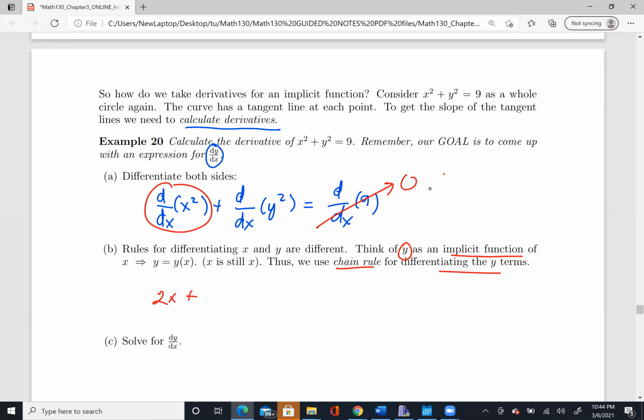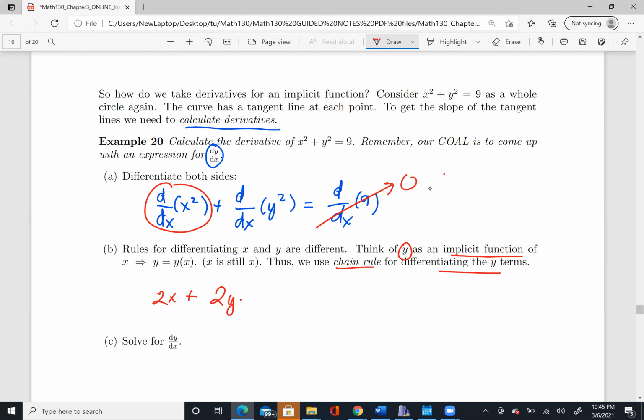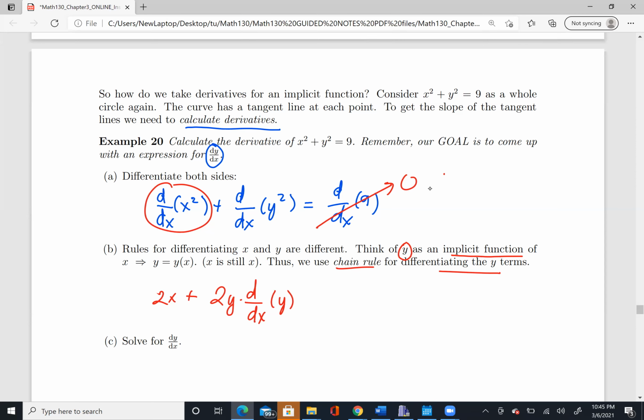This is a function of x, so you write 2y to the power 1, and that is the outside derivative. You multiply it by the inside derivative, which is d over dx of y, the derivative of the inside function, or sometimes just dy dx. And the right hand side equals 0.